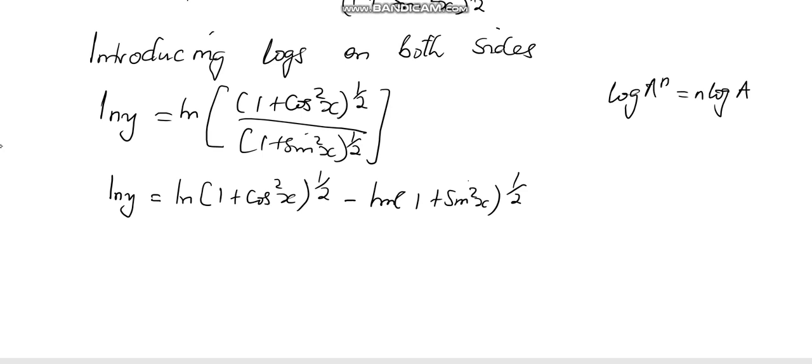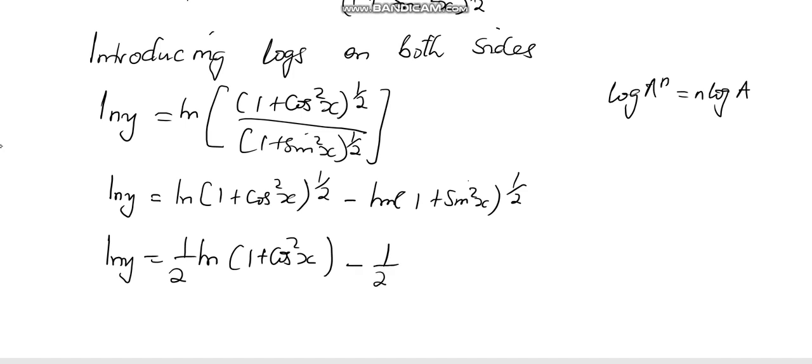We utilize this property again on these terms, so it simply drops the powers. Then ln y is equal to 1 over 2 ln(1 plus cos squared x) minus 1 over 2 ln(1 plus sine squared x).